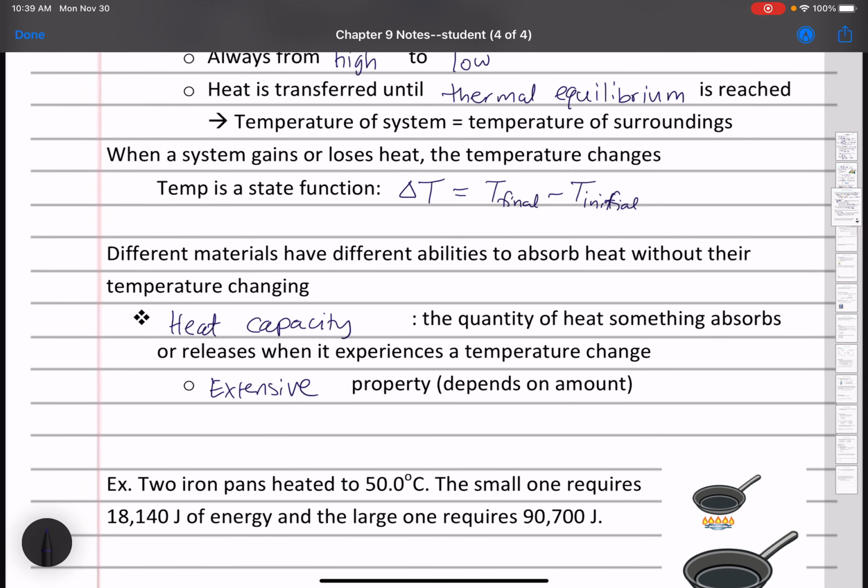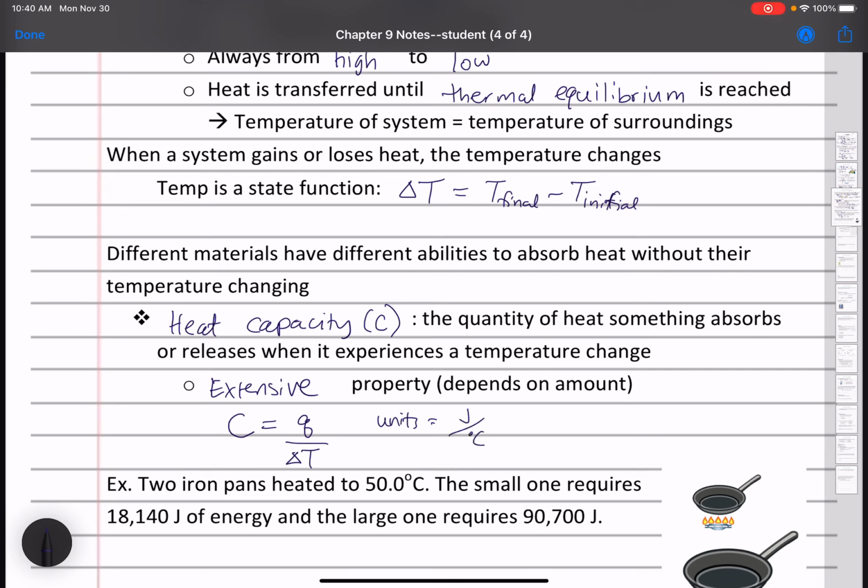Heat capacity is represented by a capital C. The formula for heat capacity is heat over change in temperature. It's the amount of heat per change in temperature. The units of heat capacity are joules per degree Celsius.